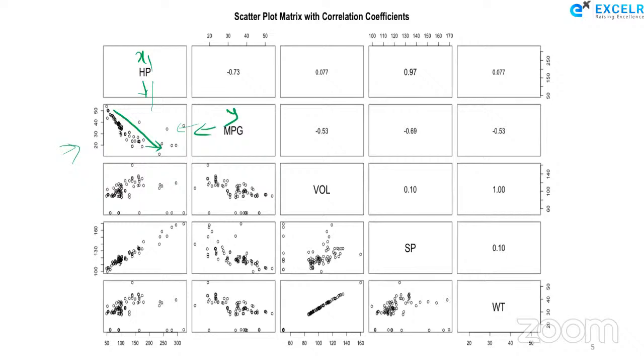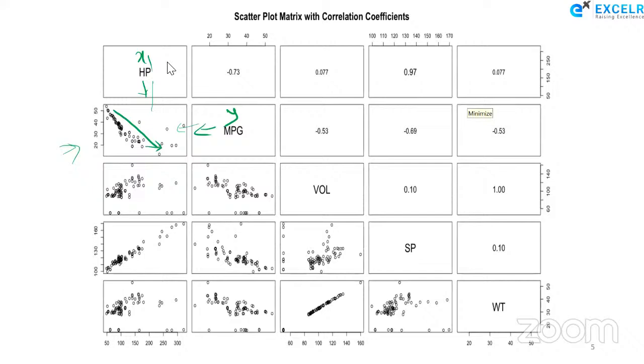What do you think? Obviously, the 100cc engine Bajaj Discover will give you more mileage. As your engine capacity goes on increasing, it will consume more fuel, and that is why there is a negative relationship between your HP and MPG. I hope that is clear, everyone.